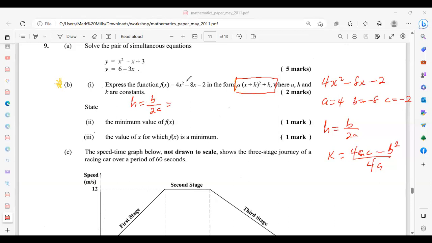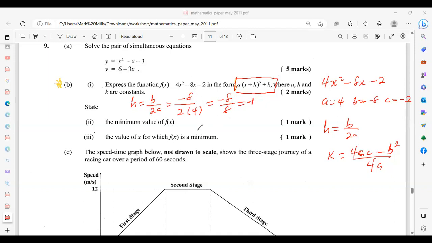Guys, talk to me now. What is my b? Negative 8. Negative 8, all right? Over 2 times a. What is my a value? 4. All right, so this gives me negative 8 over 8. Negative 8 over 8, what do I get? Negative 1. Negative 1, all right.